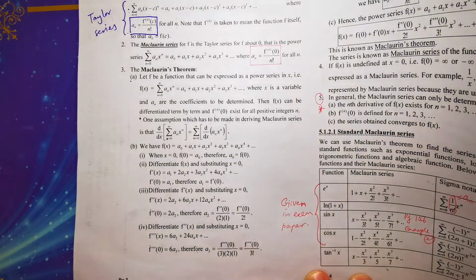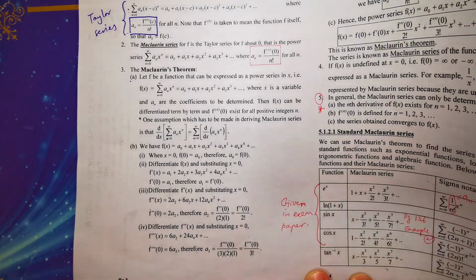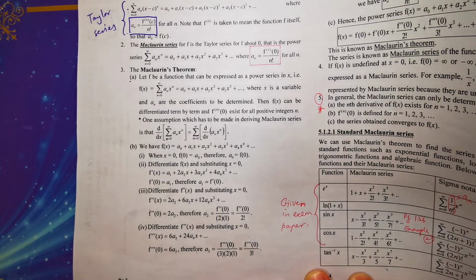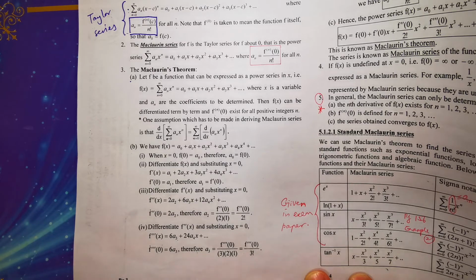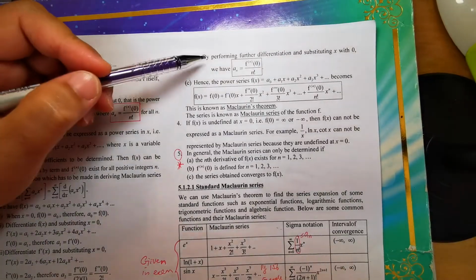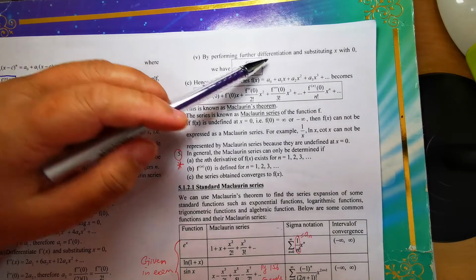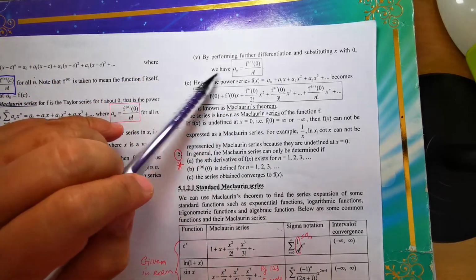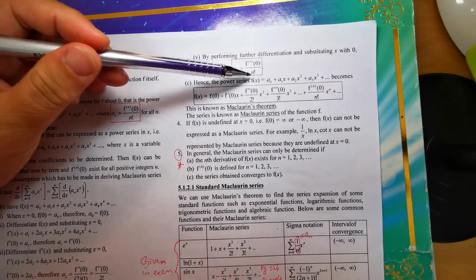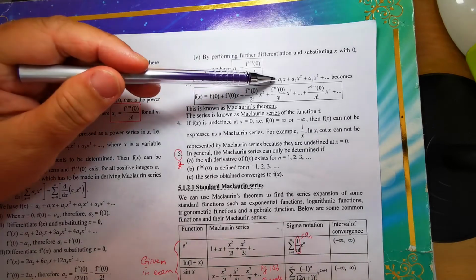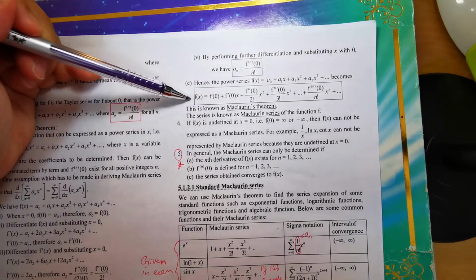Maybe you will think, how many terms do we have to express? It depends. Normally in the exam, they will tell you in the question how many terms you must use. And here, the last one: by performing further differentiation and substituting x with 0 into it, hence the function in power series form will become like this.